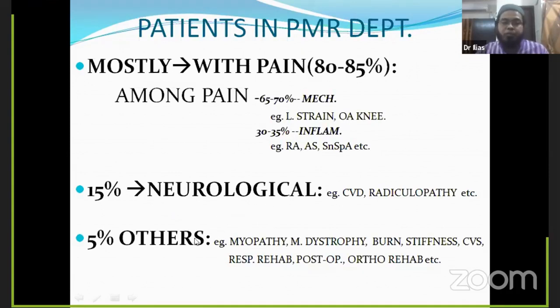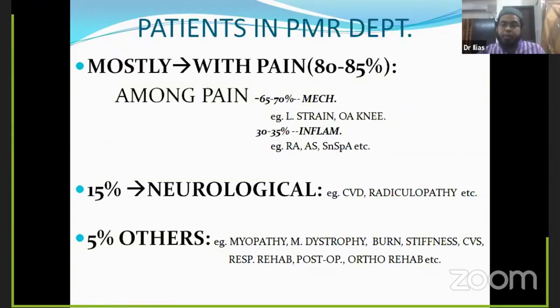And 5% of the patients in our department come with other causes to take the service for rehabilitation purposes, such as myopathy, muscular dystrophy, burns, or stiffness due to fracture or any other primary causes, or after removal of the plaster. And cardiovascular pathologies, like a patient undergoing bypass surgery.